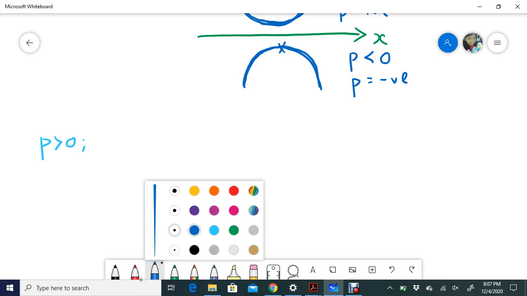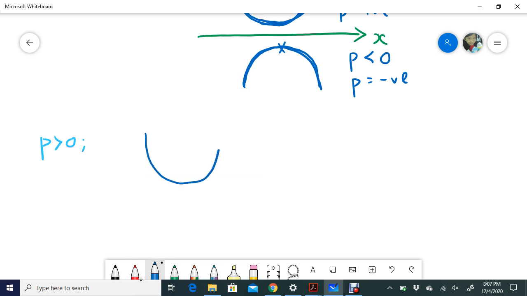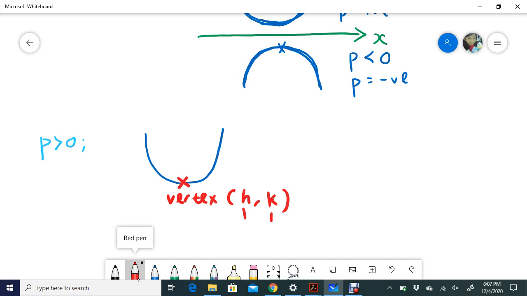For sure it will be a smiley face. So where will your vertex be? Do remember your vertex is your minimum point. So from here, highlight your h and k. h is your x coordinate and k is your y coordinate.